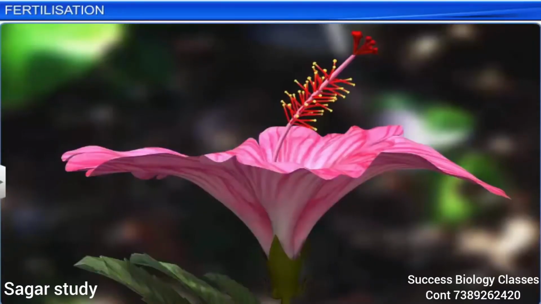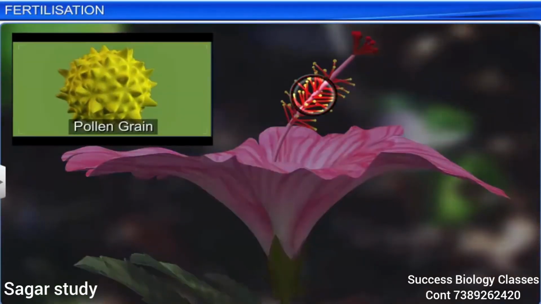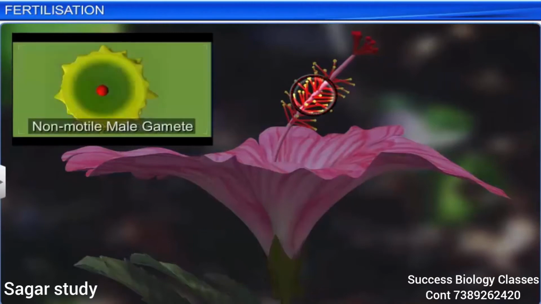However, not all terrestrial organisms possess a motile male gamete. In seed plants, for instance, the pollen grains present inside the anther bear non-motile male gametes.